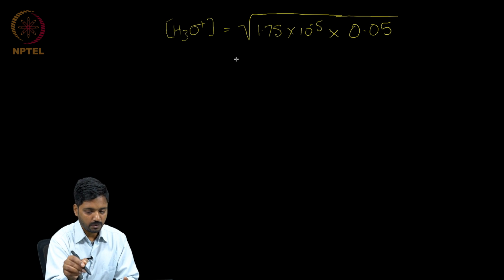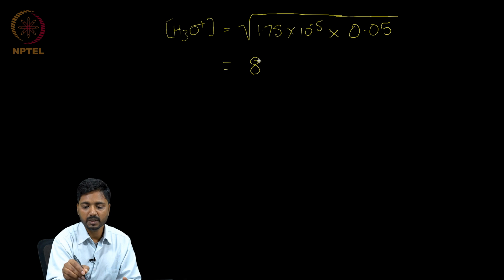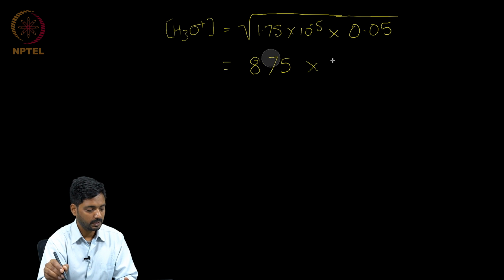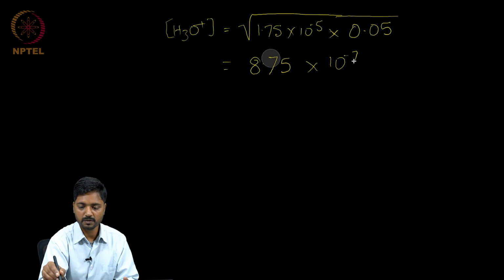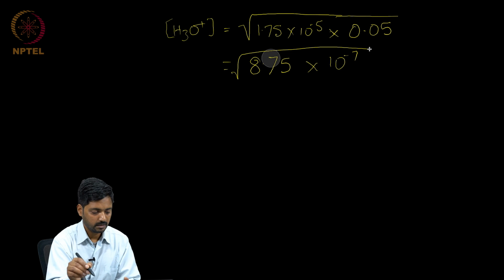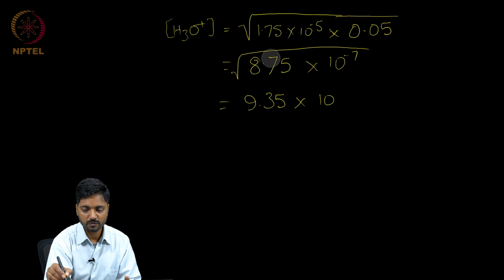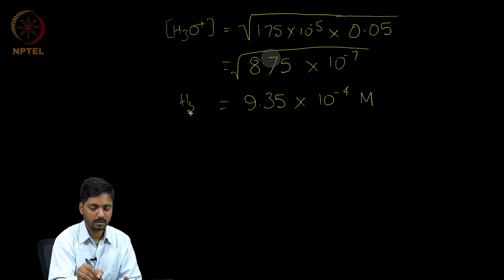When we solve this out, this turns out to be the square root of 8.75 × 10^-7, and this ultimately solves out to be 9.35 × 10^-4 molar hydronium ion concentration.